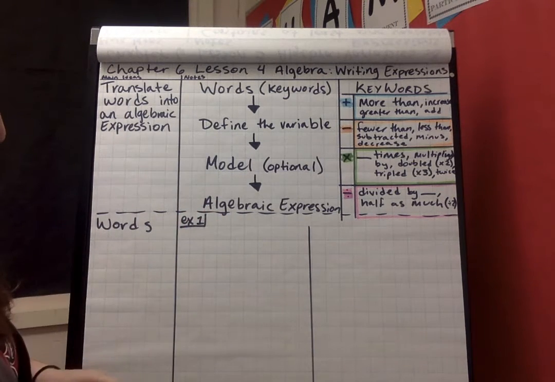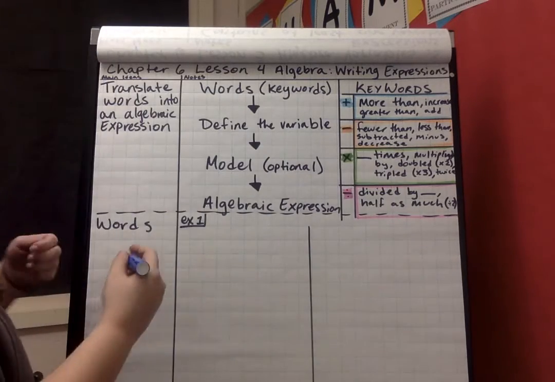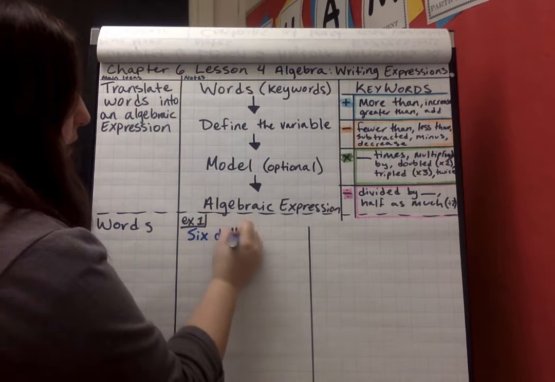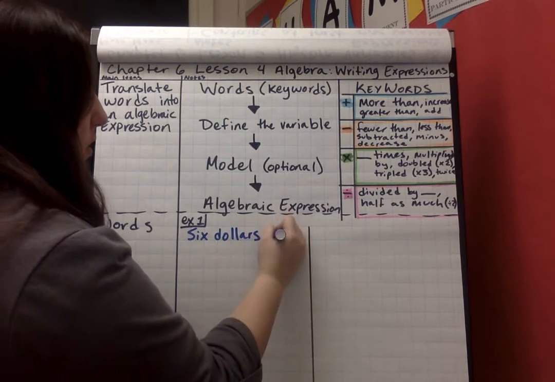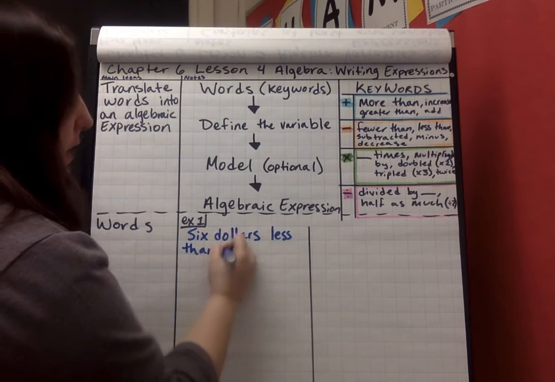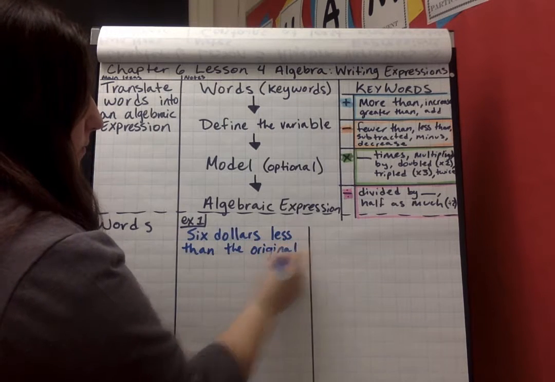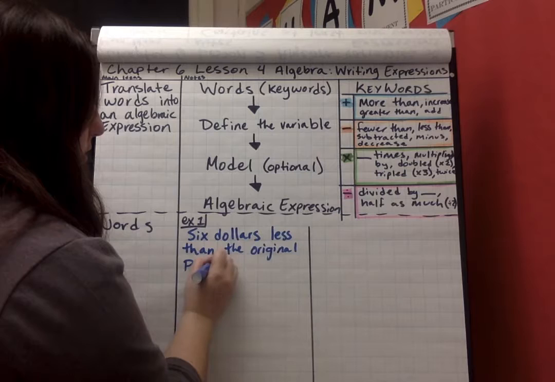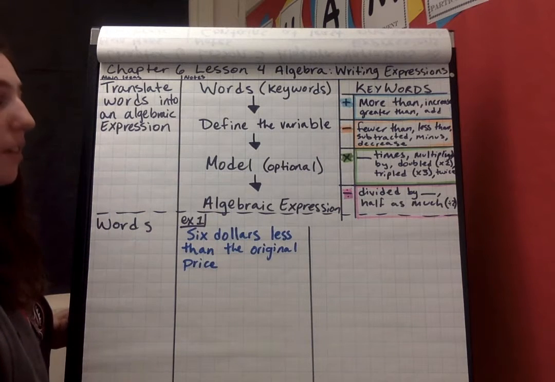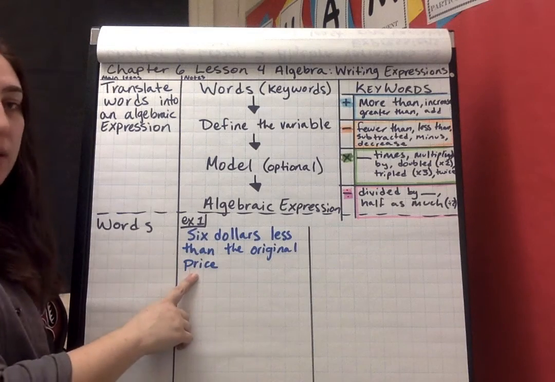Okay, in example 1, we have $6 less than the original price. Okay, so that's our situation, that we have $6 less than the original price.